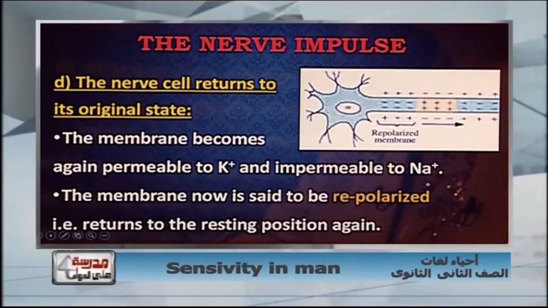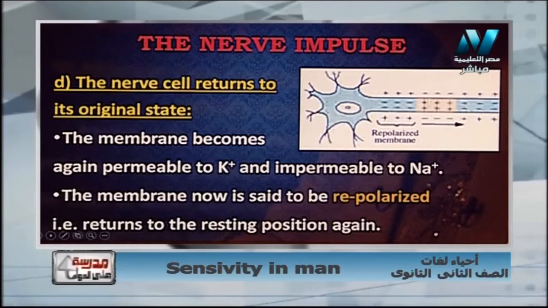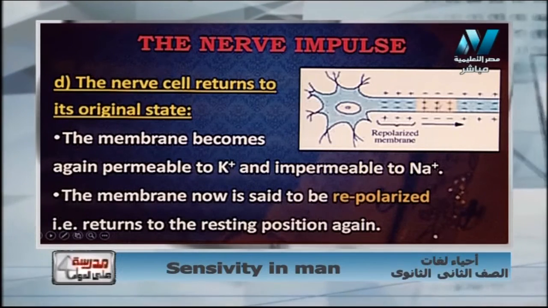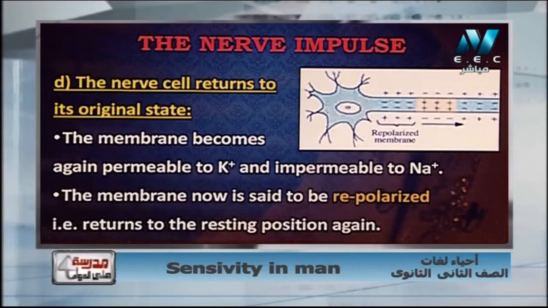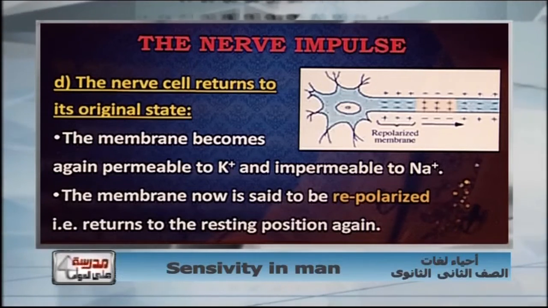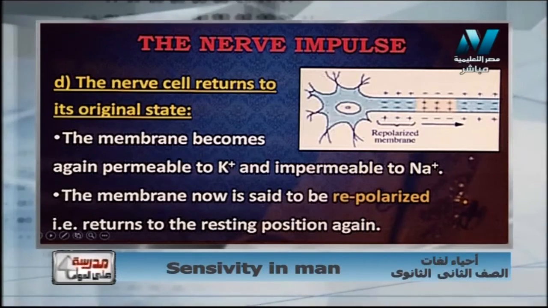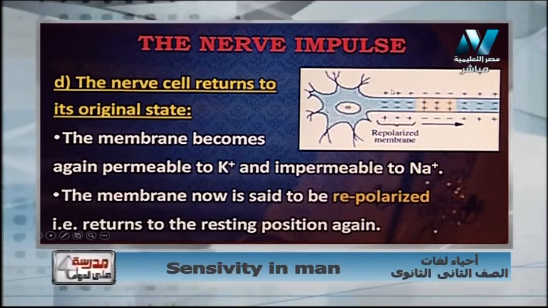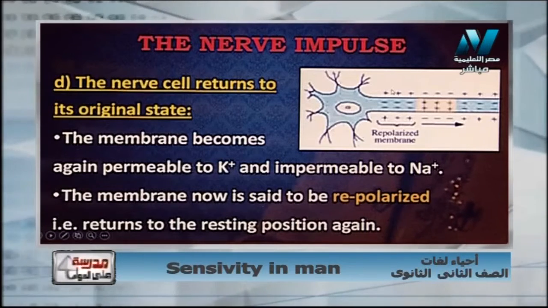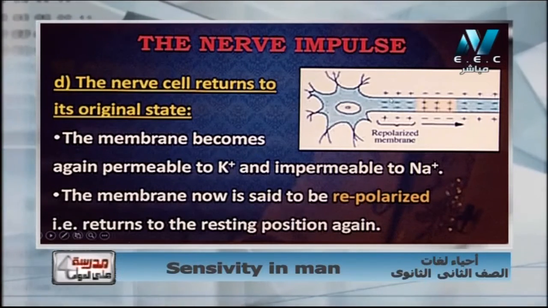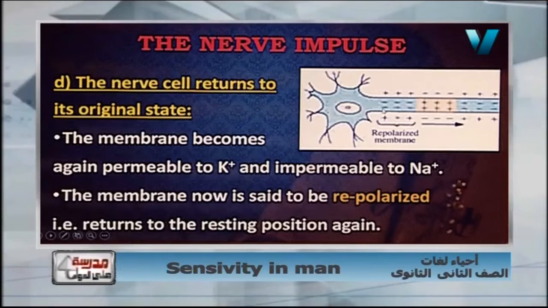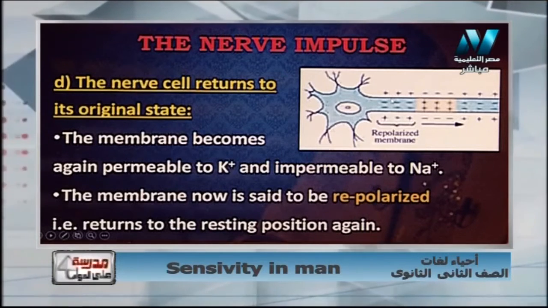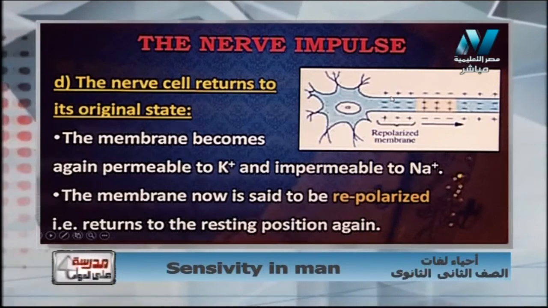At the same time, during the disturbance of the second point, the first point tries to regain its selective permeability. The membrane regains its selective permeability and becomes impermeable again to sodium. It pumps sodium outside and allows potassium to go inside, and regains its original state.